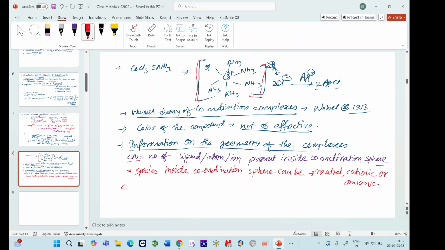If you have CN equal to 1, it will be like this, so I will depict L for the ligand. Okay. If you have CN equal to 2, we can have it like this. So this is called linear.